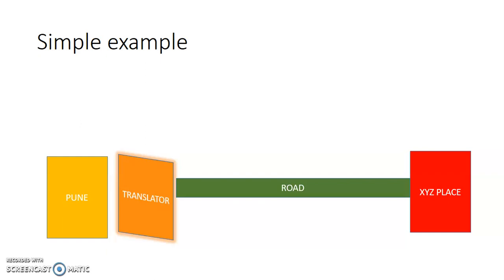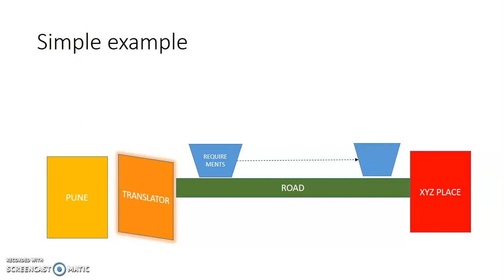Now, after the road is established, I need a vehicle which will be running on the road. So I'll get a vehicle, and in this vehicle I'm going to put my requirements. Currently my requirement is that I want to purchase 100 diamonds. So I'll put that requirement in the vehicle, and the vehicle will be transported to the XYZ place.